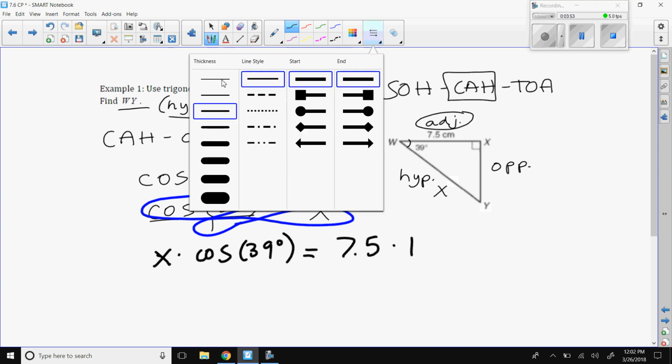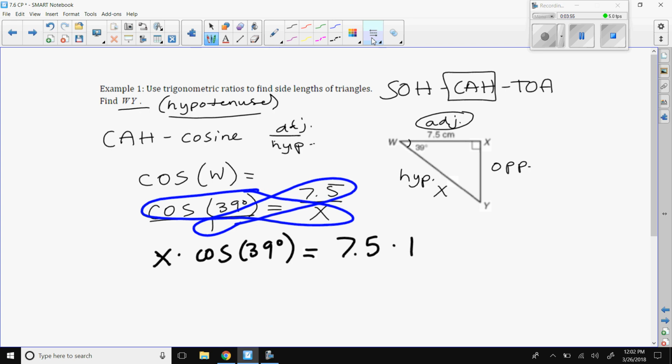I'm just going to change my thickness here, sorry. Okay, I should be able to figure this out. You can put this into your calculator right as you see it there. The cosine of 39, you can do it right now, is going to give you 0.77 or 0.78 around here.